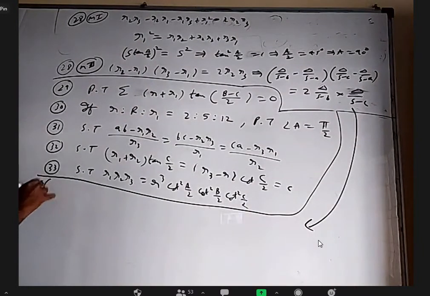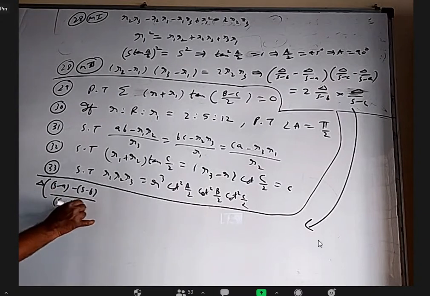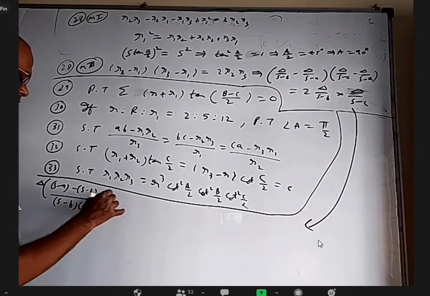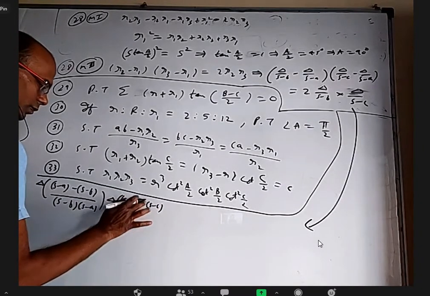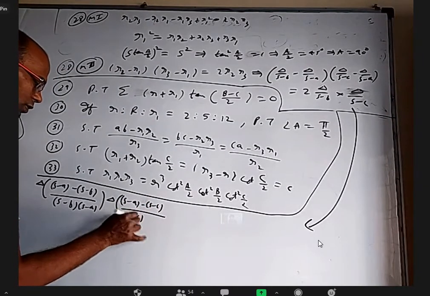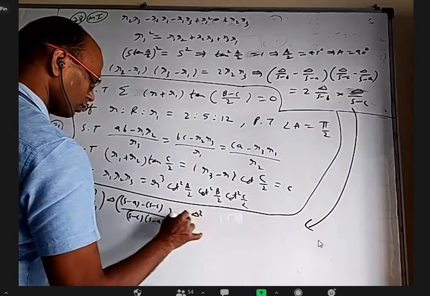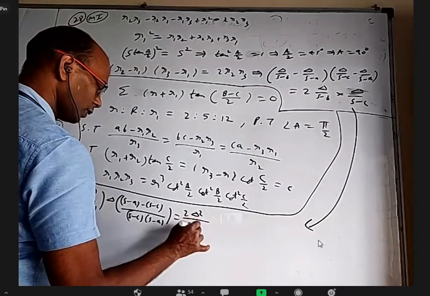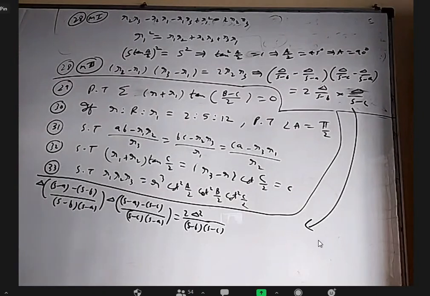So if I take delta common, I'll get S minus A minus S minus B by S minus B into S minus A. So delta S minus A minus S minus C by S minus C into S minus A equal to 2 delta square by S minus B into S minus C. S minus B and S minus C got cancelled.